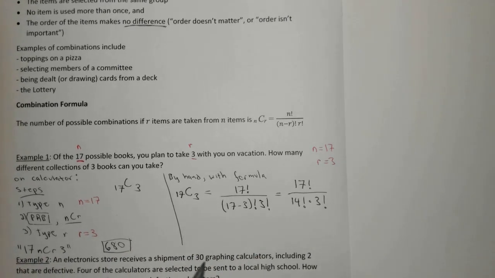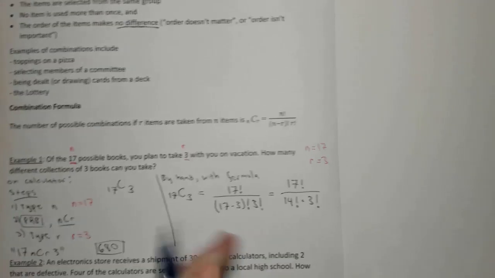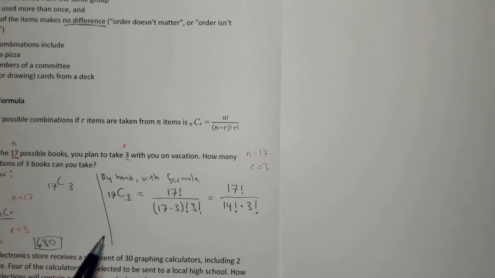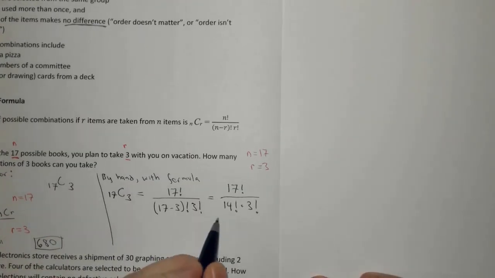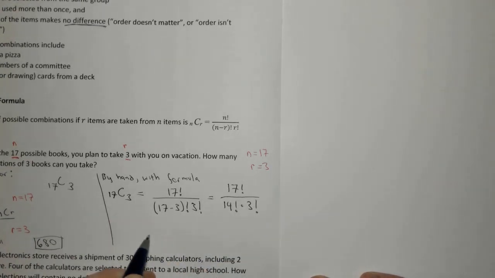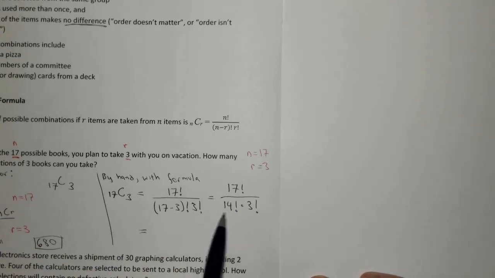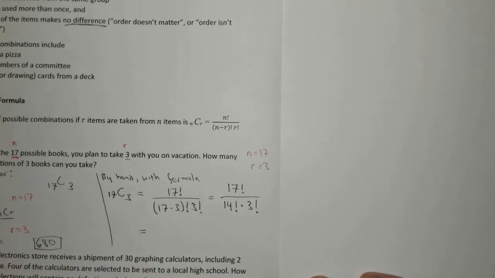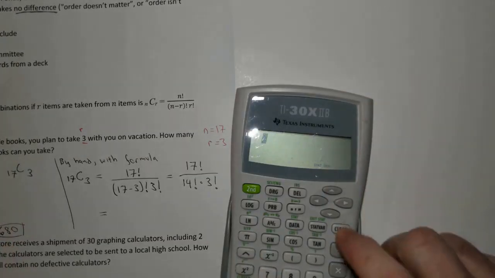So let's do this. I think it's safer to do the bottom first. I really think that's going to be a huge number, so I'll just type it in all at once. But you could type in the bottom, get a number, and then do 17 factorial over it.